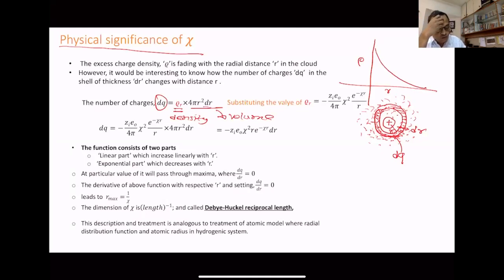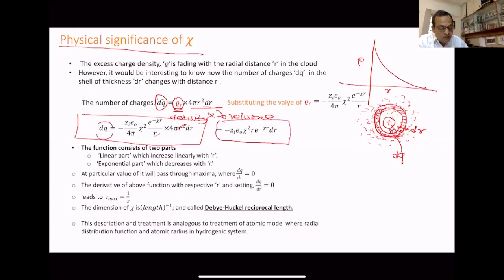So density into volume will give you the charge. If you put the value of rho r that we just calculated into this equation, what you get is dq is equal to Zi E0 chi square upon 4 pi times 4 pi r square dr, times e raised to minus chi r upon r. If you normalize this, you get this equation. This is basically the charge in that shell having thickness dr at distance r.